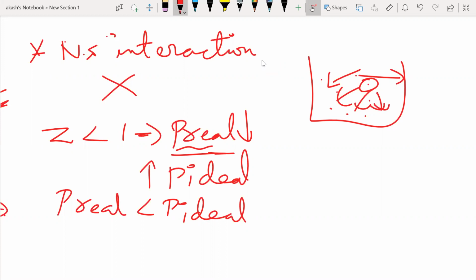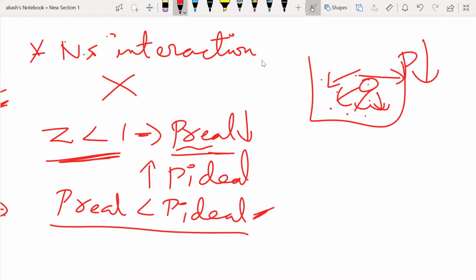If the gas molecules had no interaction, no attractive force, the pressure would have been higher, and that's my ideal gas. But since you have some attractive force, the gas molecule is not going to be that free. It is going to be restricted, so the pressure decreases, and this is exactly what is given here.